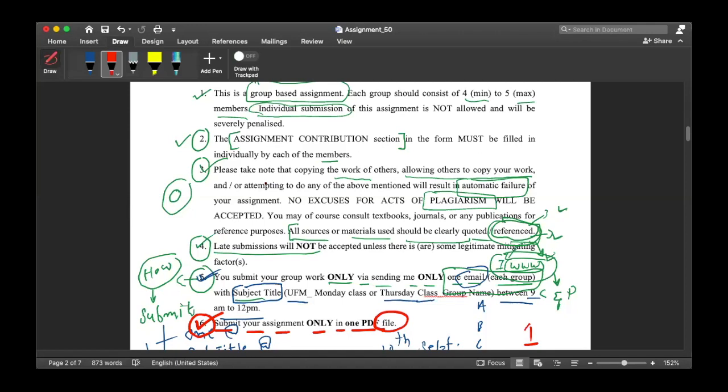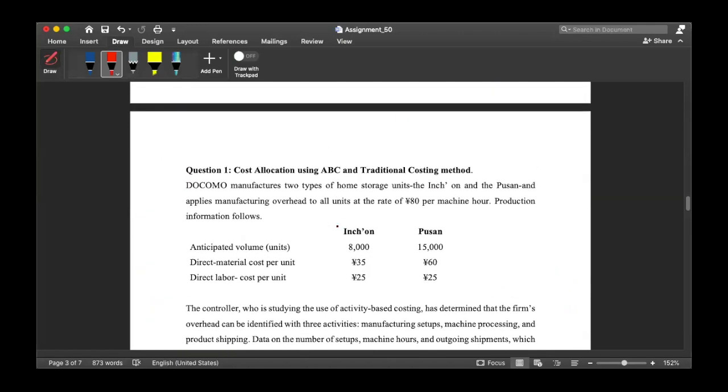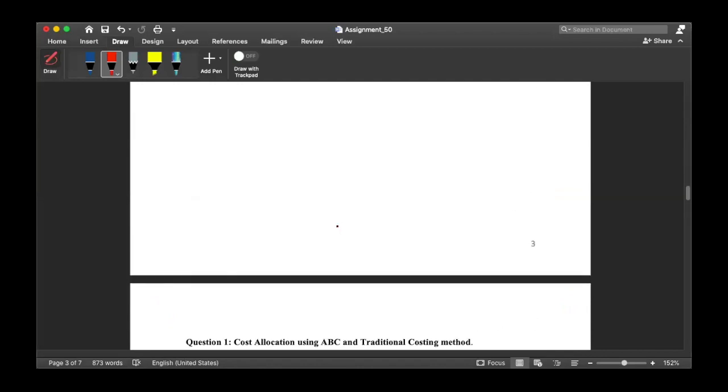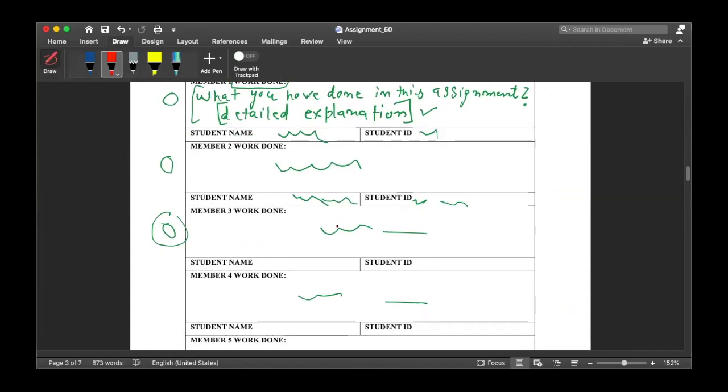No questions, so let's move on. Your assignment questions: I haven't finished them, I'm still working on it, but you're going to have around 5 to 6 questions.